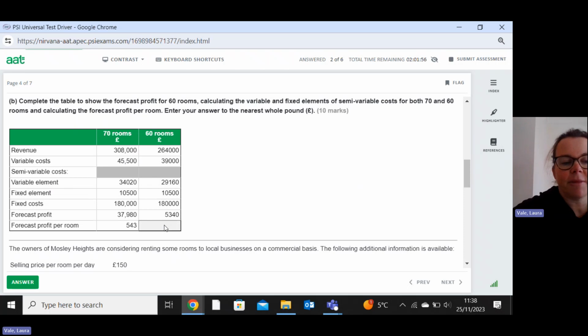So now my profit per room, 5,340 divided by 60, is just a measly £89. So you can see it makes a huge difference for this business to just get those extra rooms filled, how much more profit they are making per room. It's because there's quite a heavy weighting to the fixed costs here, obviously.